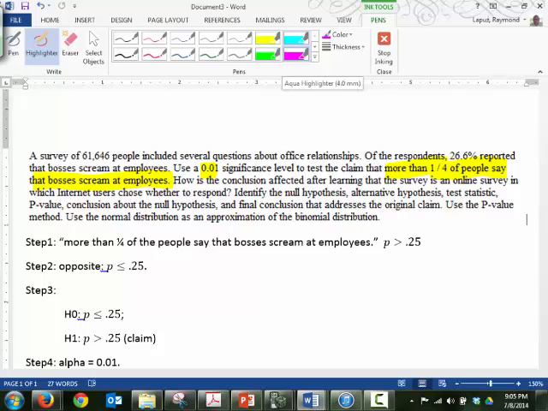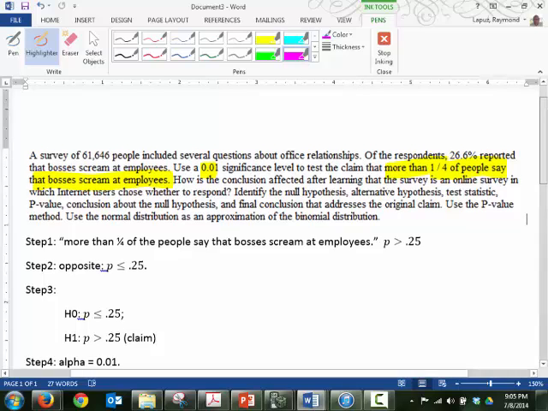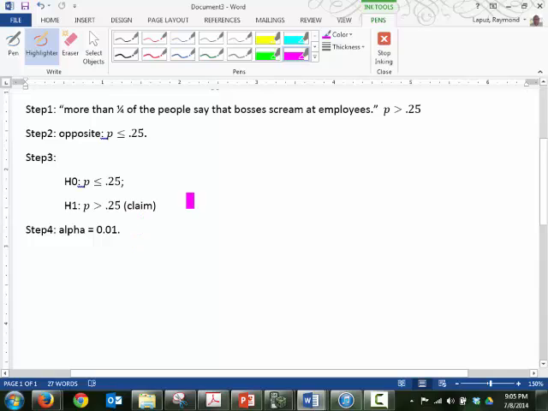So in step 5, we need to identify some important values. So we're using the test statistic that has p's, p hats, and n's and stuff like that, and x. So let's take a look at our problem again and see if we can identify the important things. What if you're going to use a calculator?